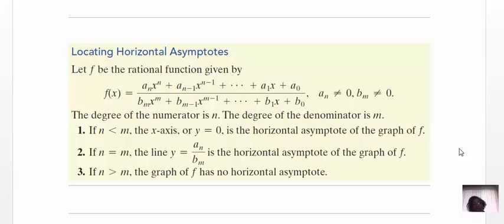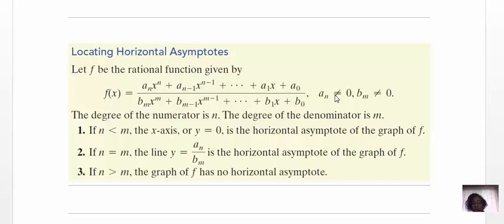So ultimately, when I want to locate horizontal asymptotes, I have the following that can happen. f is a rational function. So f of x is equal to some polynomial function p of x, which is in the numerator, over another polynomial function q of x, which is in the denominator.